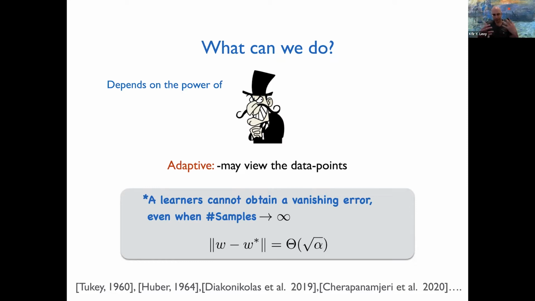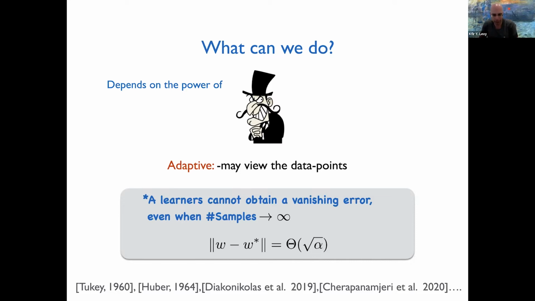So this topic of robust regression or robust statistics started in the 60s with the seminal works of Tukey and Huber. And in the last years, it became again very popular.